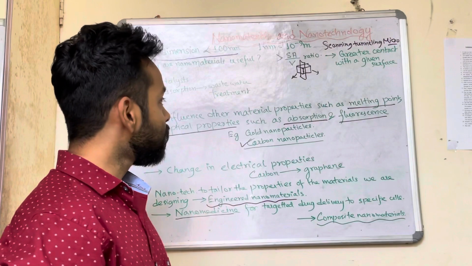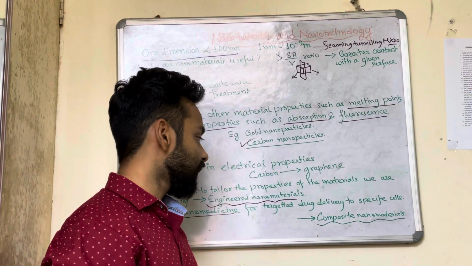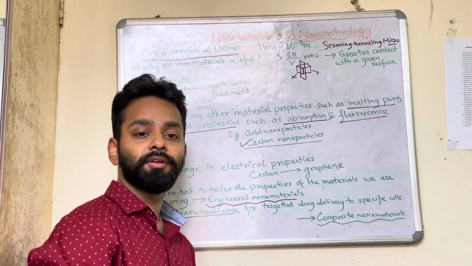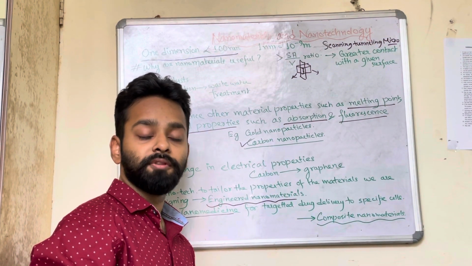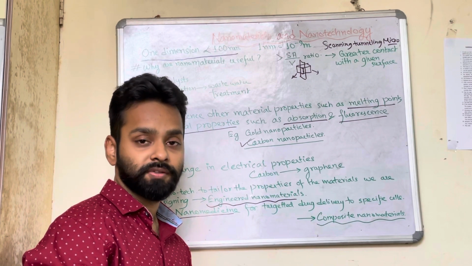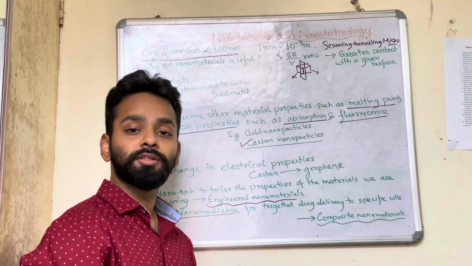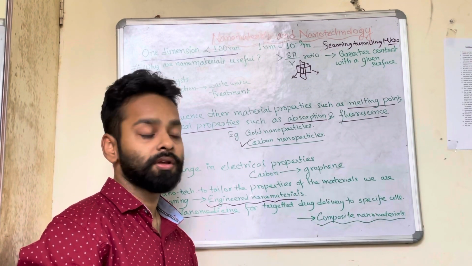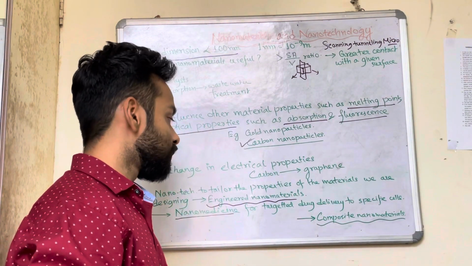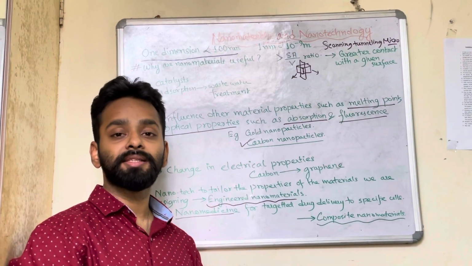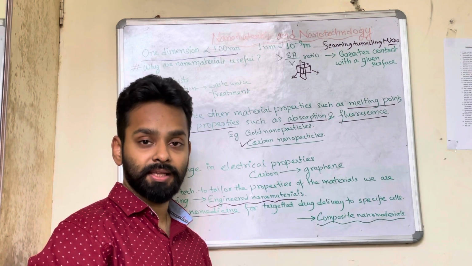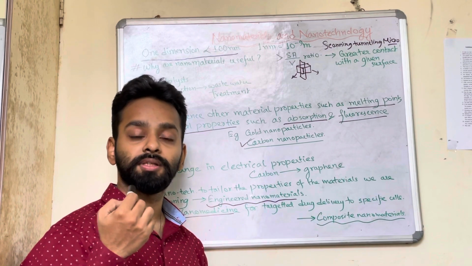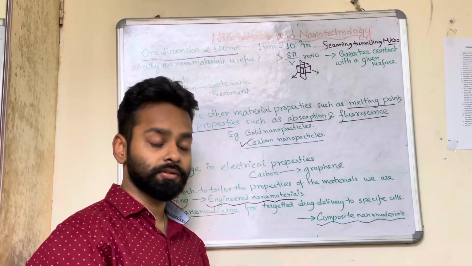Using all these applications, we can also synthesize composite materials, because nanomaterials have been used in the fabrication of different materials, as we have seen how they can alter the surface or the bulk properties of the materials. Nanomaterials can be used in the synthesis of bulk materials such as composites, for example different polymers.